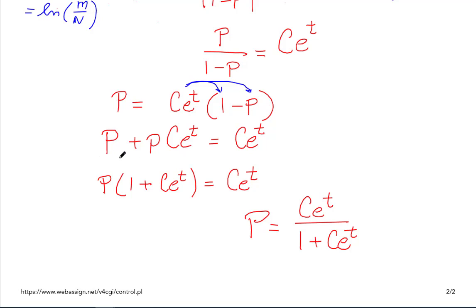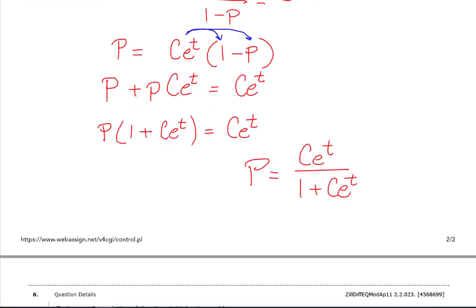And at this point, I'm going to factor out this common p, and then finally divide by 1 plus c e to the t, giving us this particular relationship or solution to this differential equation.